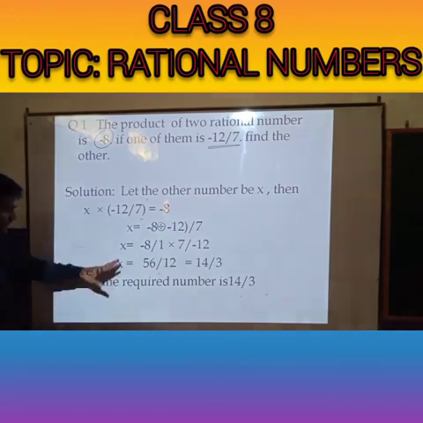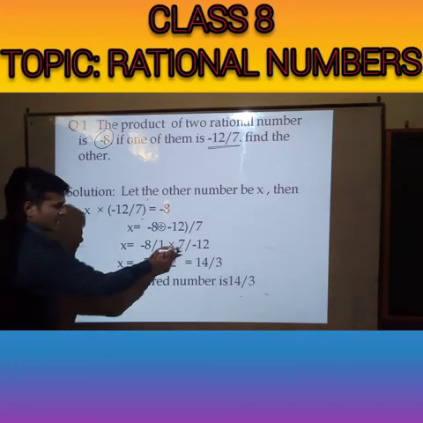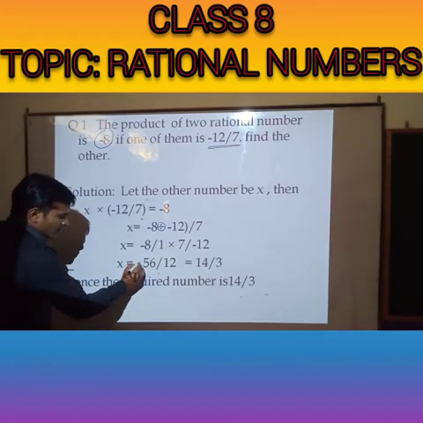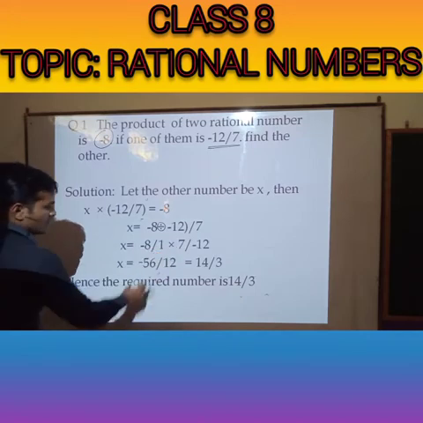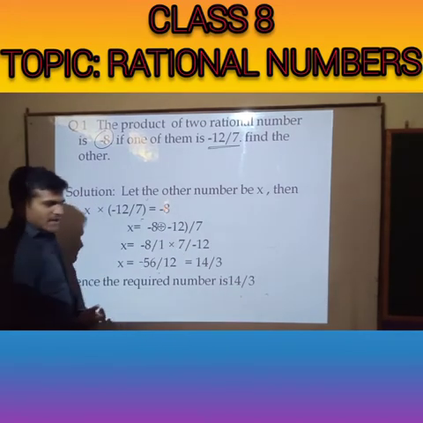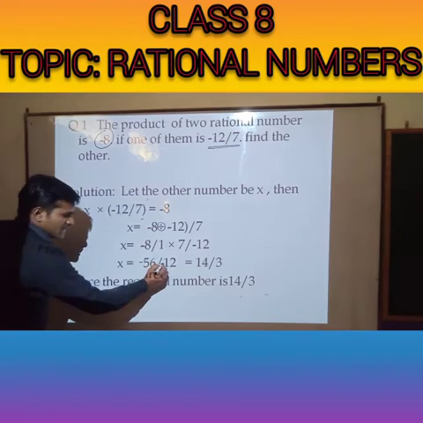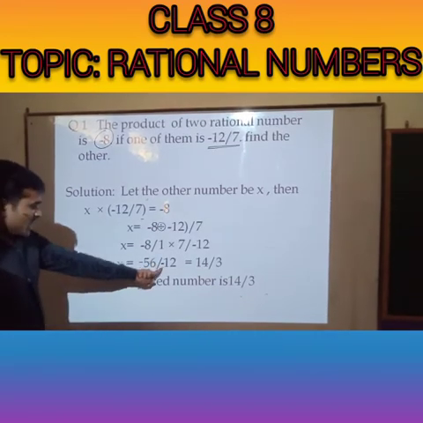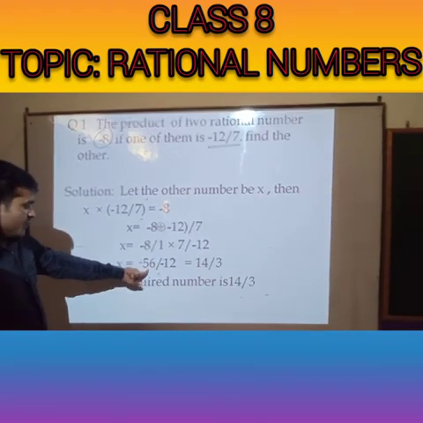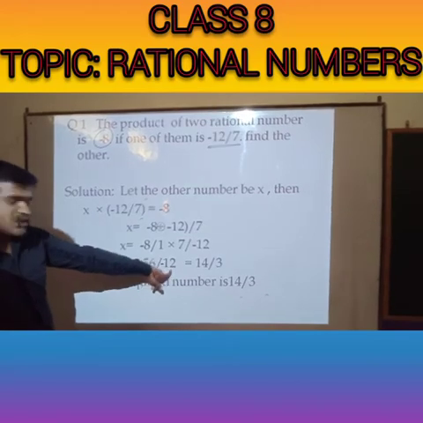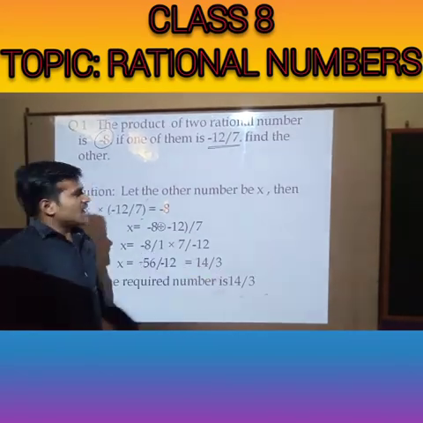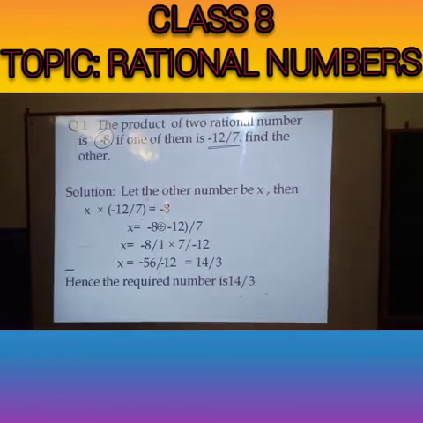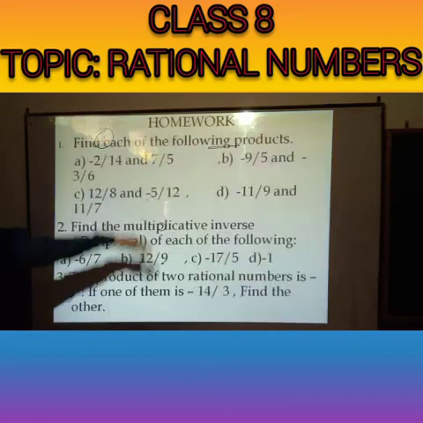So now x is equal to minus 8 into 7, that is minus 56, and 1 multiplied by minus 12, that is minus 12. Minus minus cancel, and 56 is divided by 4, and 12 is also divided by 4. So we get 14 upon 3, that is the other number. Okay, I hope it is clear.